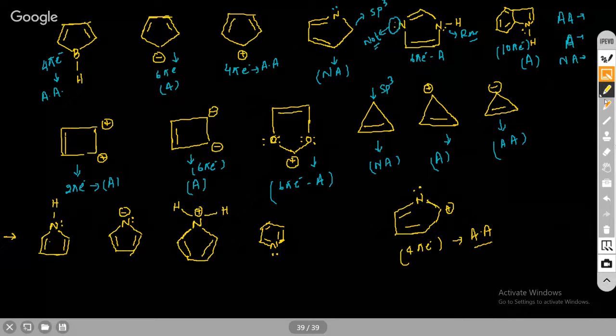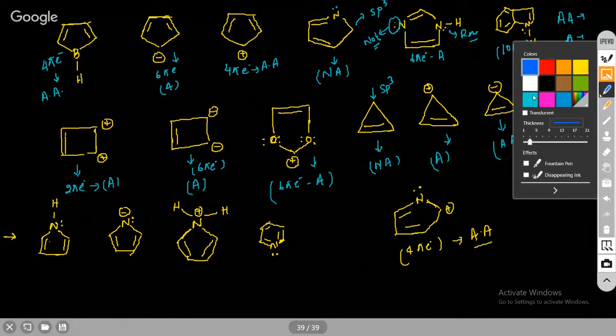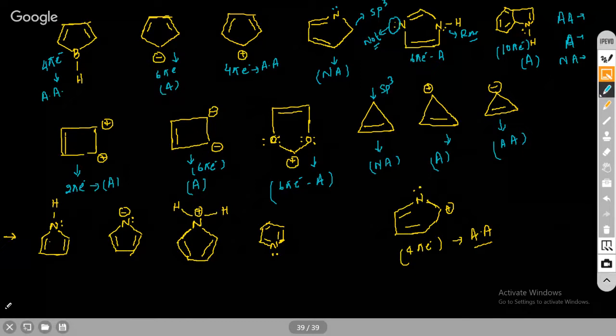A has 6 pi electrons. This A has 6 pi electrons, so it is aromatic. What about B? B also has 2 plus 2 plus 2, 6 pi electrons. It is also aromatic. What about this? Yeah, correct.